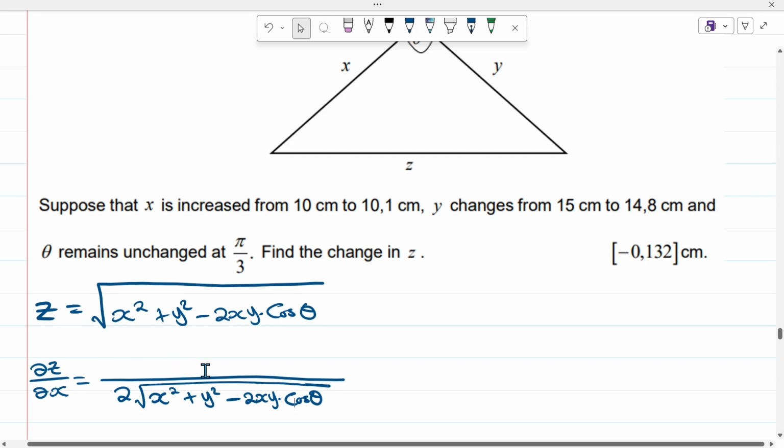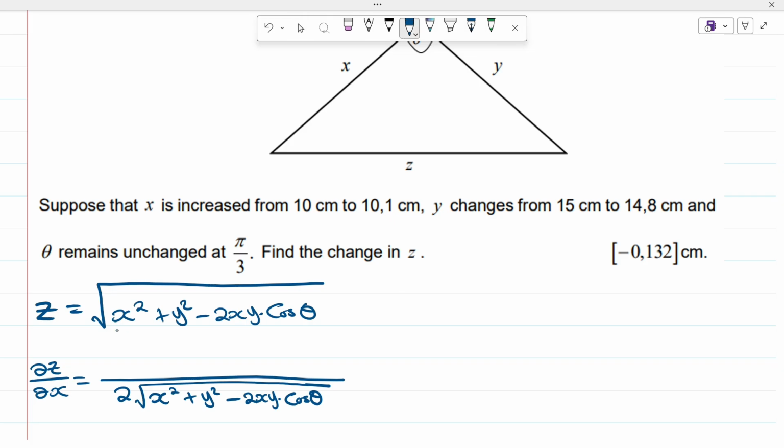And the thing that we differentiate here on our numerator is what is inside the root. So when you differentiate what's inside the root partially with respect to x, that means y and theta are constant. So you're going to end up getting just 2x minus 2y cos of theta.